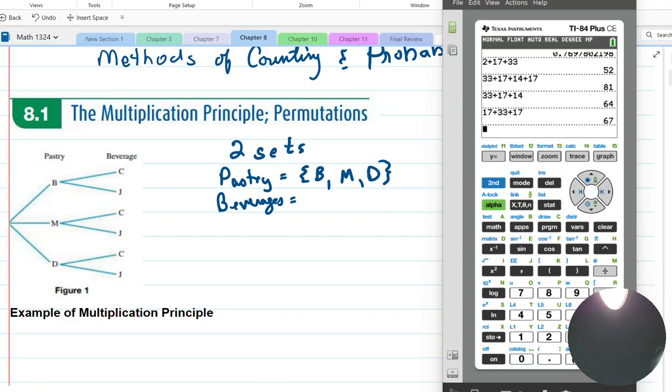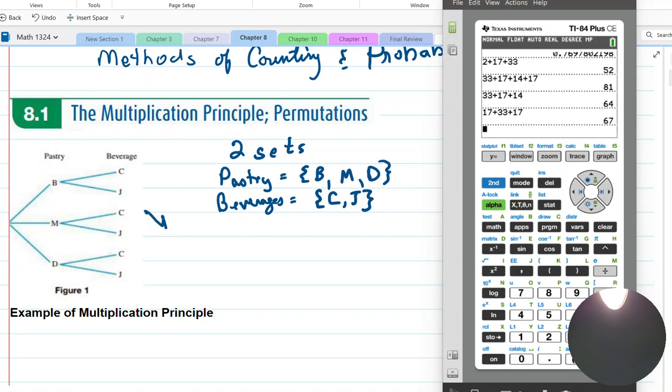And we have C and J. All right. Coffee and juice. All right. So we have all of these. And this is all of the ways.